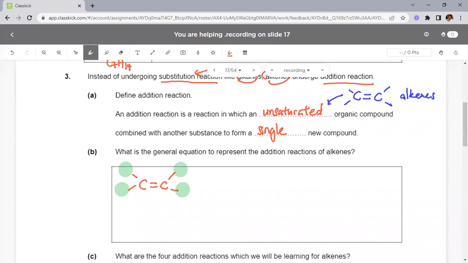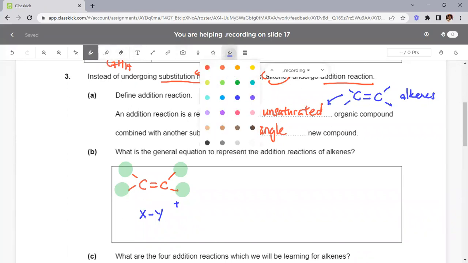So the C double bond C is the one I want to focus on. It will react with another substance. Imagine it's like an X and a Y bonded together. So when we have an addition reaction, it means that these two will actually add together. Okay, what we're gonna get.